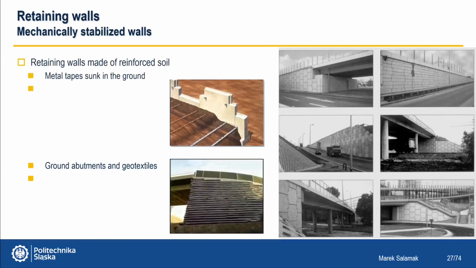Here are more examples of retaining walls being an extension of the abutment wings. So there are reinforced soil retaining walls with metal strips embedded in the ground and all abutments made of soil and geotextiles.